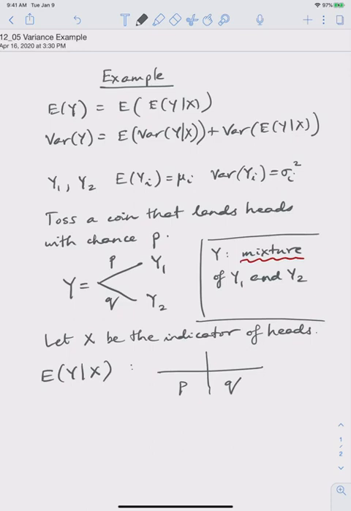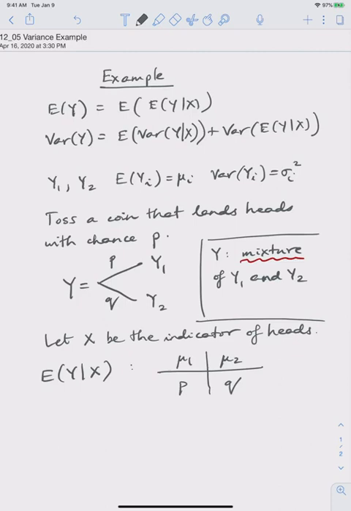And so if the coin lands heads, the random variable is y1, and so its expectation is mu1. And if the coin lands tails, the conditional expectation is mu2.